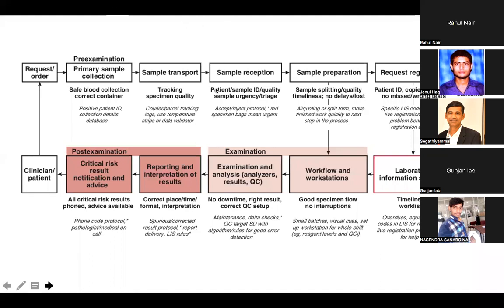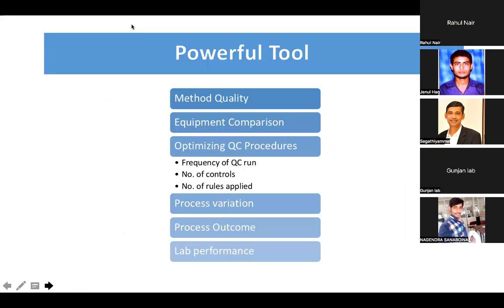But before that, I am telling you, this quality system is important. And what are the areas where we can use this knowledge? See, Six Sigma is a powerful tool. Sometimes we want to check the quality of the method which we are using, or suppose 3-4 companies are providing us reagent for glucose.